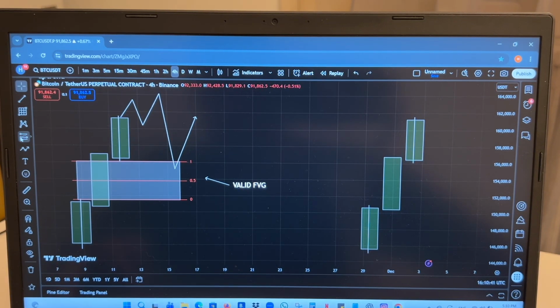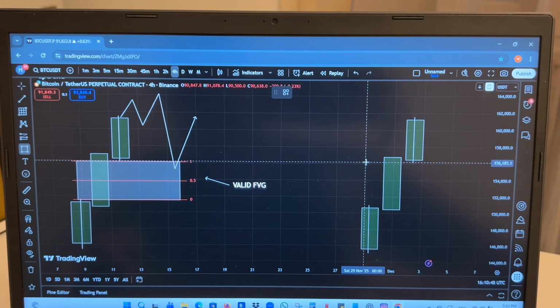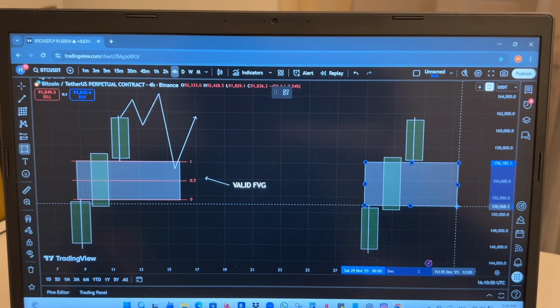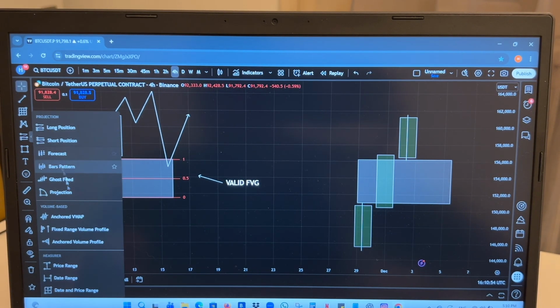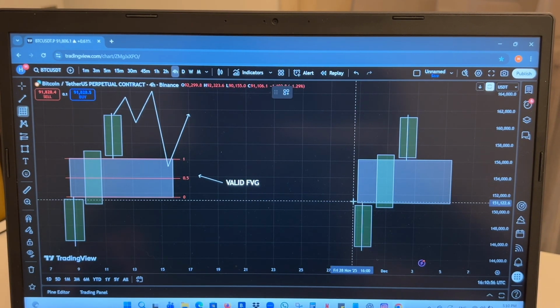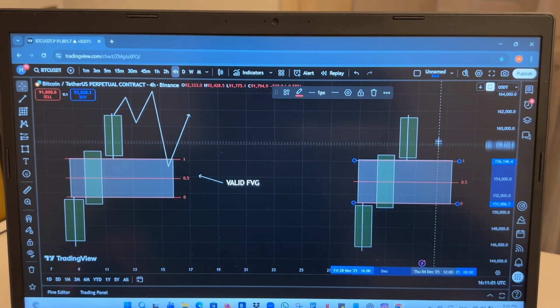So let me show you the next scenario. Let's say we mark the FVG over here, and then we put the Gann box tool. There you go.